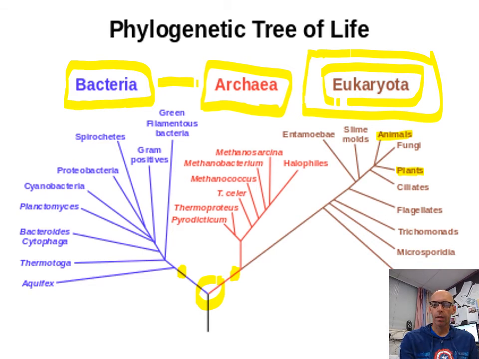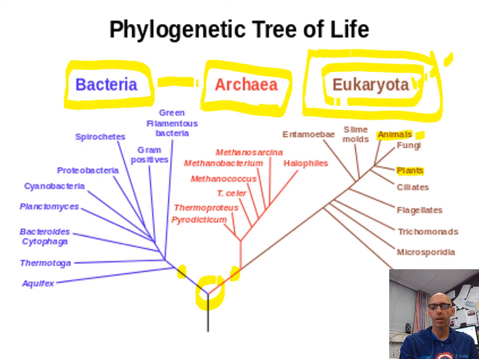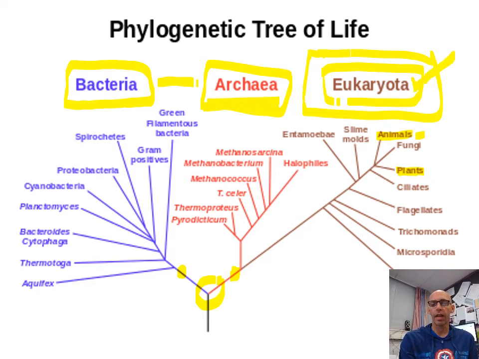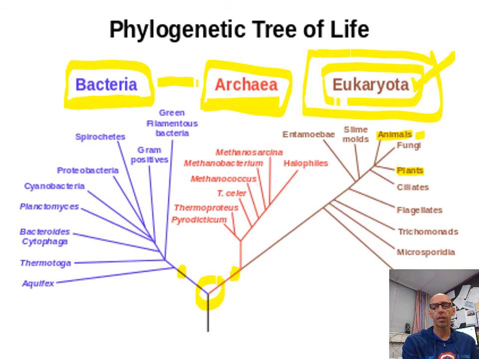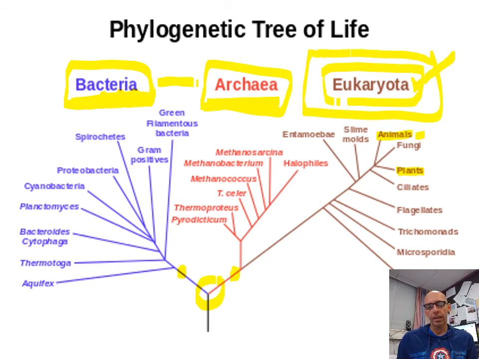So we are a kingdom in the domain eukaryotes. There are other kingdoms in the domain archaea, and there are other kingdoms in the domain bacteria. So domain is now the top level of organisation.